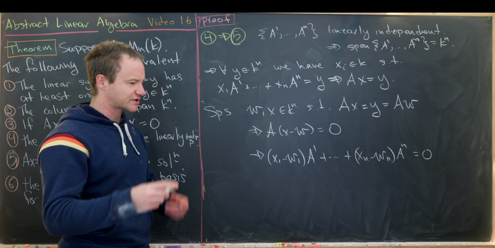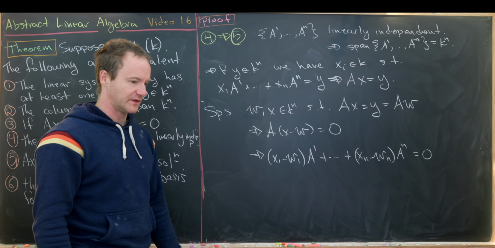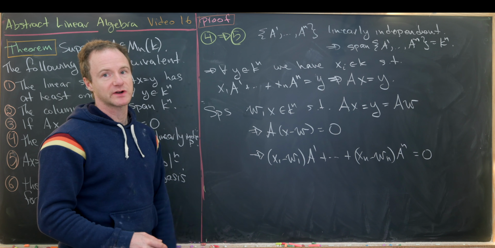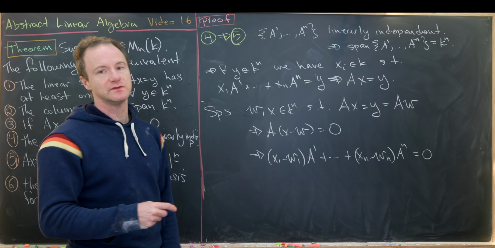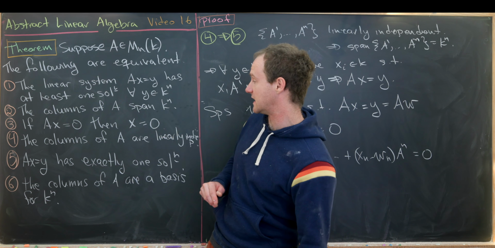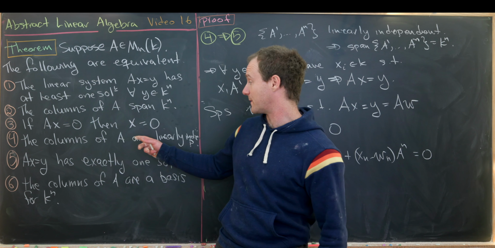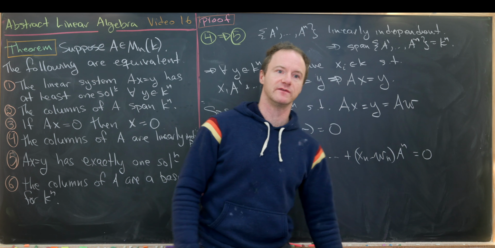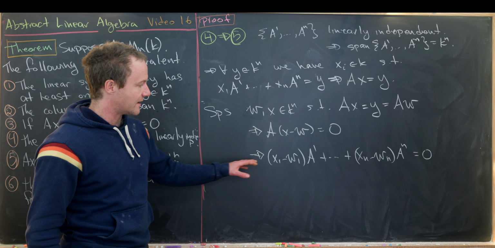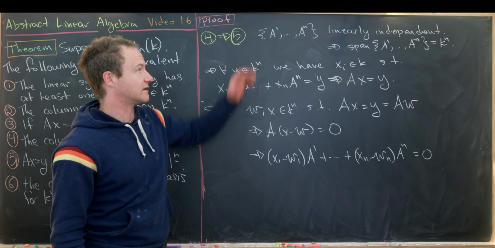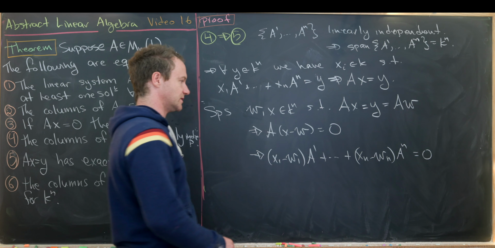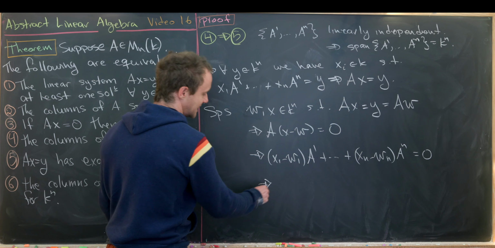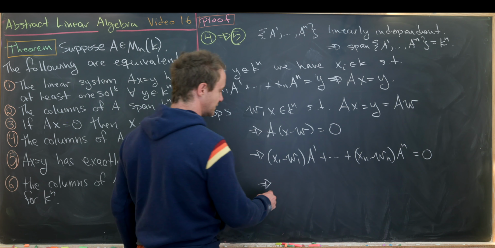Notice we're skirting our way back and forth with several of the same facts, and a lot of this looks pretty similar, but we have to do that because these things are so interconnected. Really, we're just going from a single statement to the next statement without using any of the previous statements. Anyway, now we know that the columns are linearly independent. That was our assumption. But we've got something that looks like a linear dependence relation, which means that it can only be solved where the coefficients equal 0.